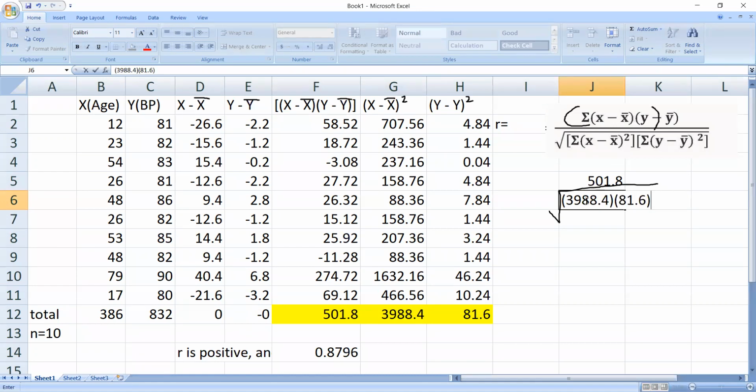If you remember the previous calculations, the numbers were almost the same. The numerator was 5018 and the denominator was like 3,09,000. So here you will get the same answer.